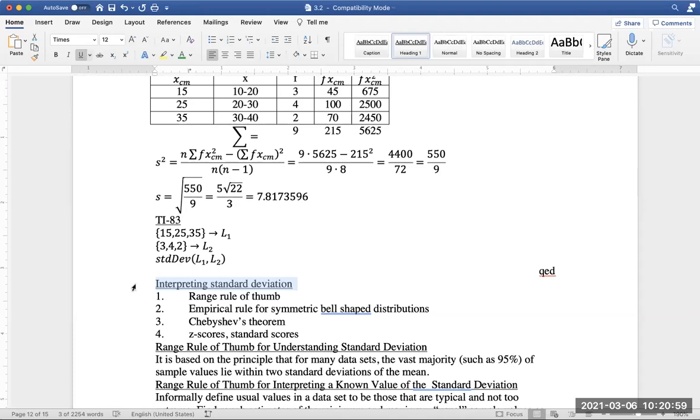Now let me give you some interpretation for this idea of a standard deviation. So how do we interpret a standard deviation? The range rule of thumb, the empirical rule, Chebyshev's theorem, and standardization, the standard scores, the z-scores.